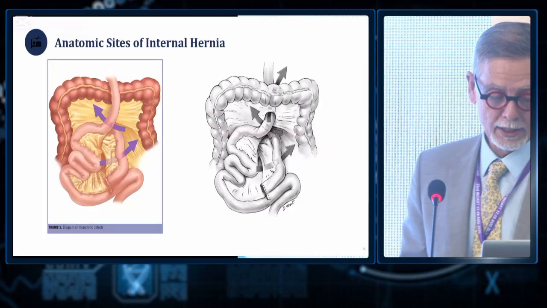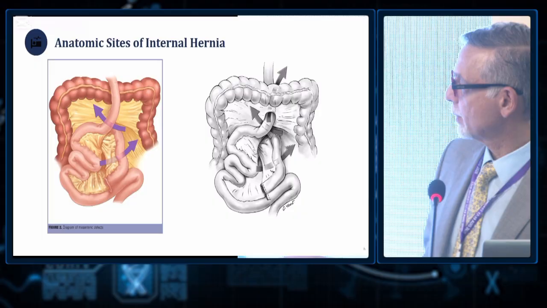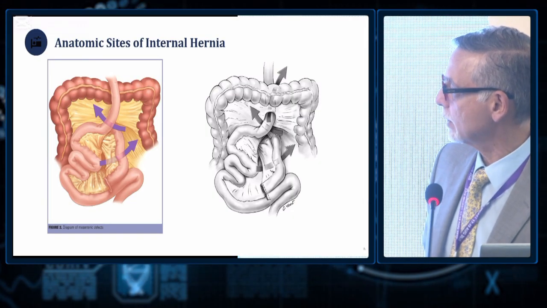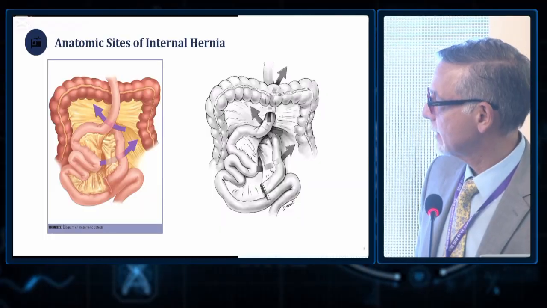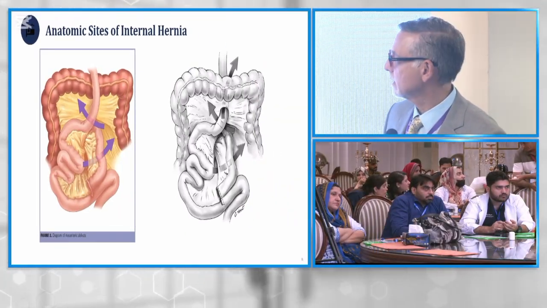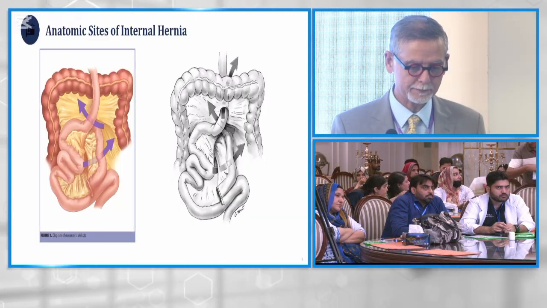So that's the Peterson or pseudo-Peterson. If you do a retrocolic approach, then you create a defect in the mesentery of the transverse colon, and you create this additional hernial defect. This is actually called the true Peterson. This one is pseudo-Peterson if you're trying to be too accurate about it.